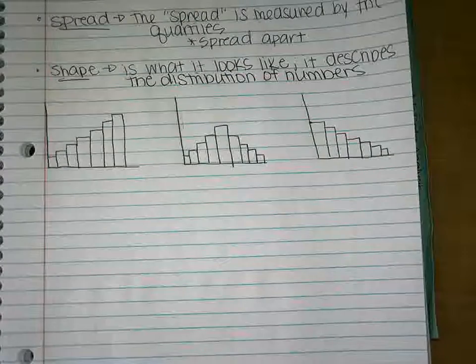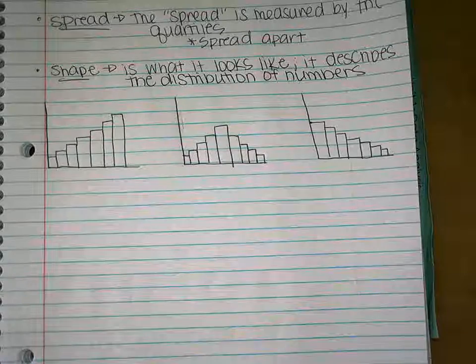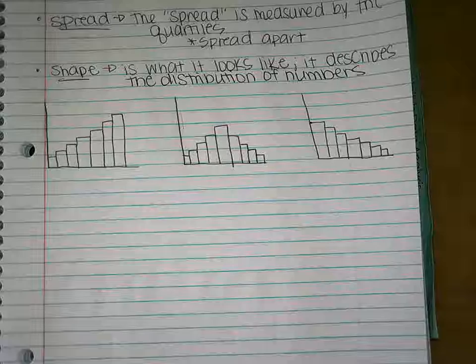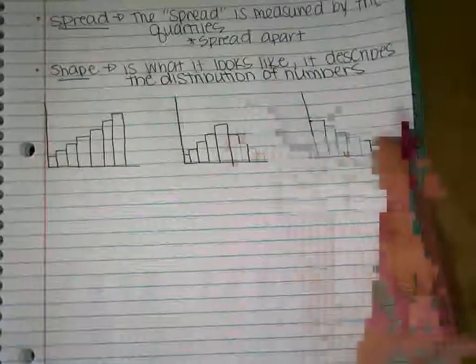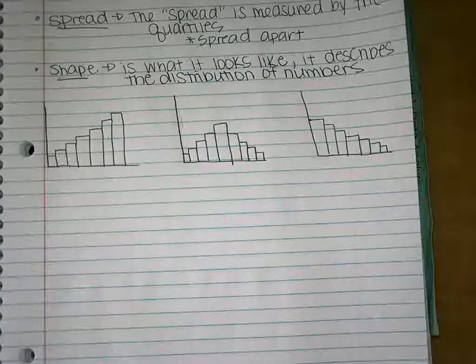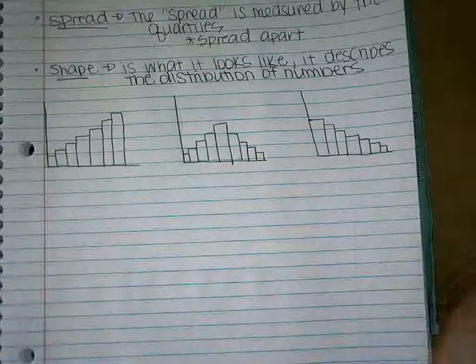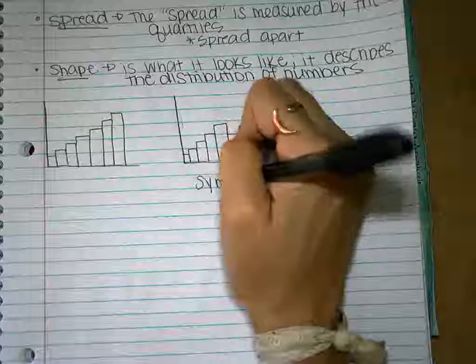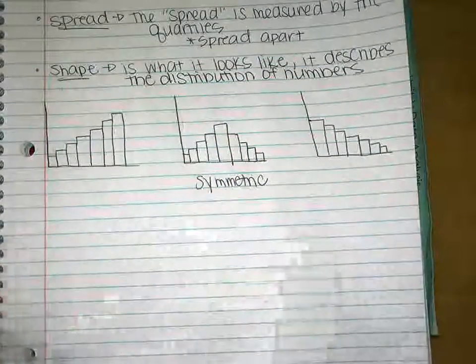These 3 graphs tell us what our data looks like, and it goes with the word skewed. So we have 3 different ones. We have skewed left, skewed right, and symmetric, and there's one of each of them here for you. So the way that this works is this is symmetric, and hopefully you guys remember symmetric from your elementary days, where it's the same on both sides.